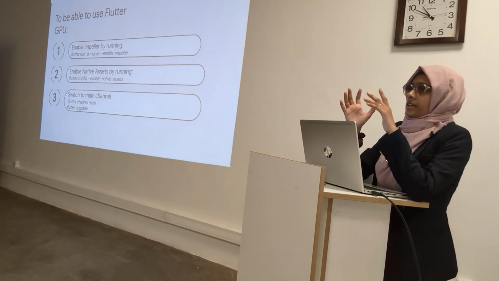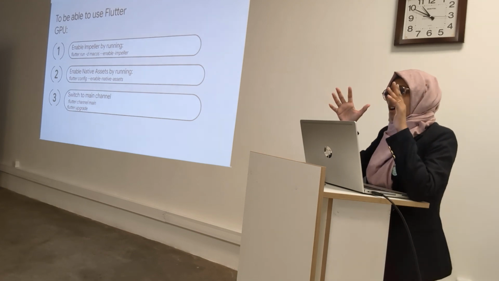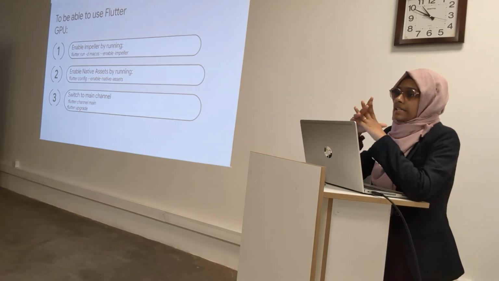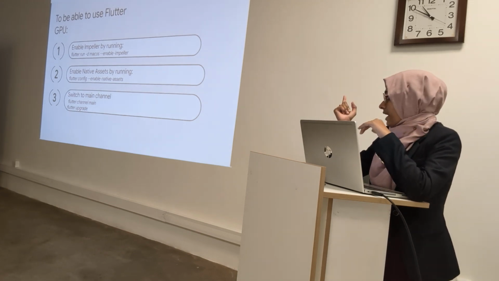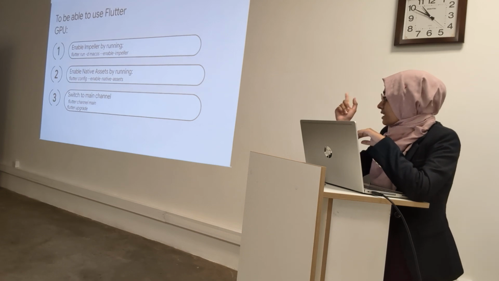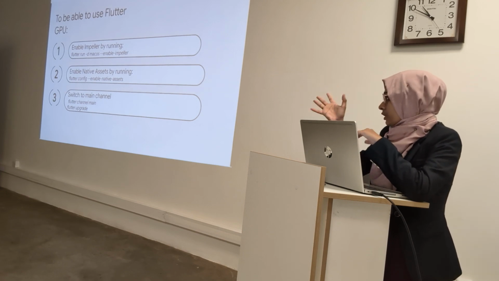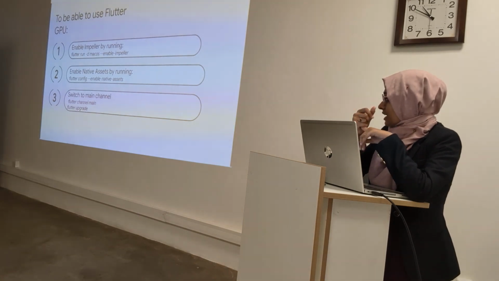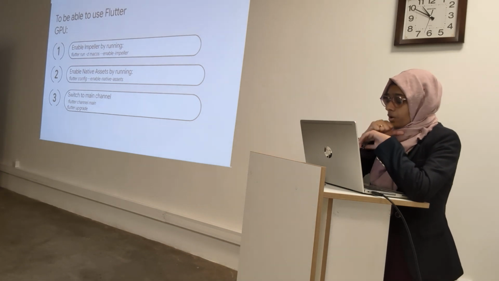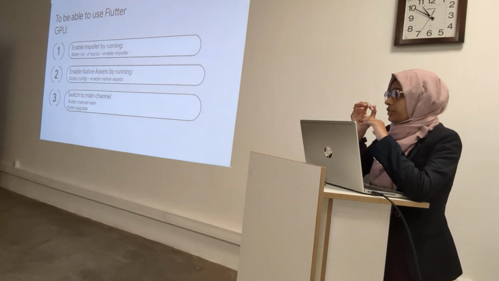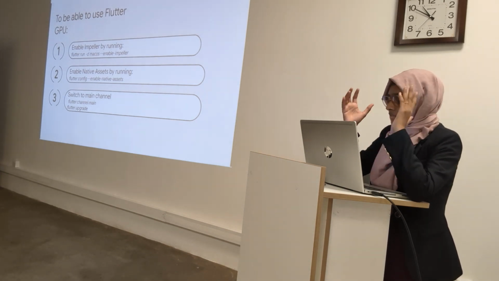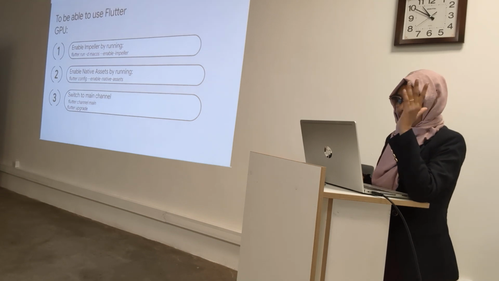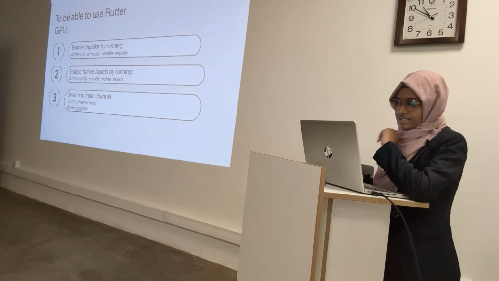If you take a look at the root of how its engine is working, it's still on Skia, so we have to move it to Impeller, and that's how you enable it. You're just basically saying, okay, on your macOS device, just enable Impeller. You have to also enable native assets. Native assets is going to allow you to integrate some native codes that you can use on your Dart projects. And that's just basically it.